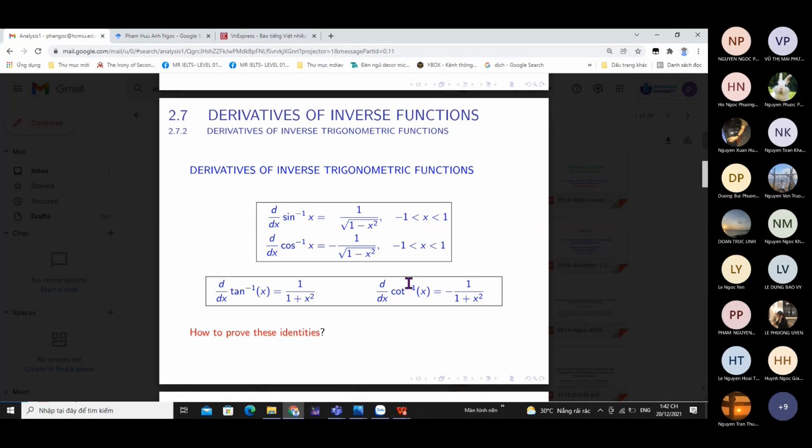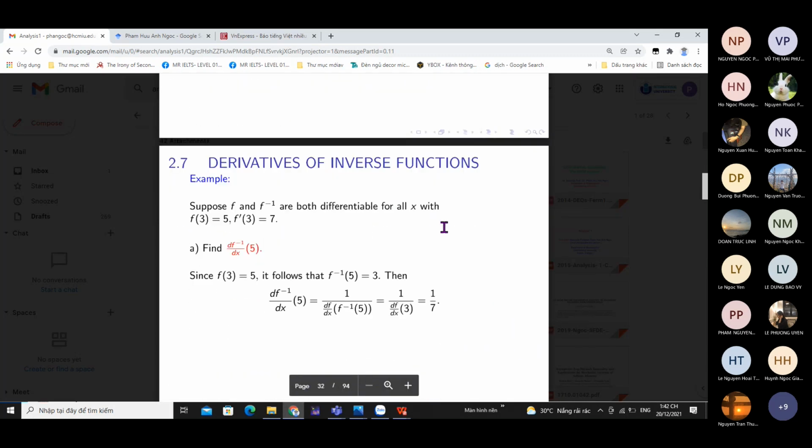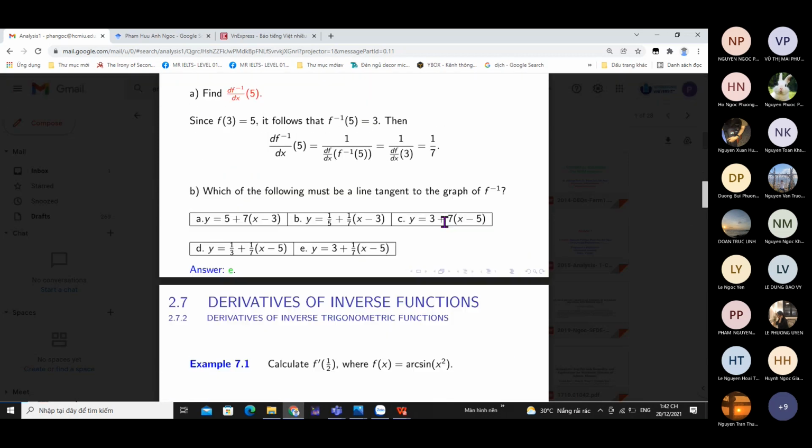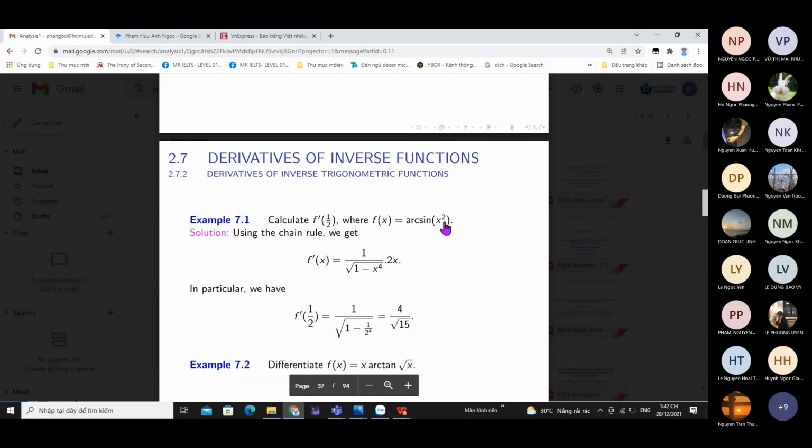Derivative of tan inverse of x gives you 1 over 1 plus x squared and so on. We considered this example already, so I omit it.